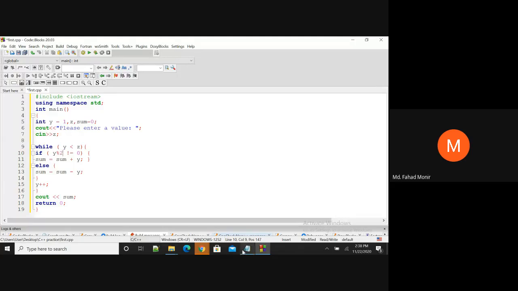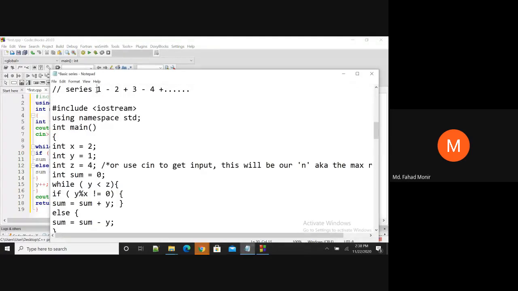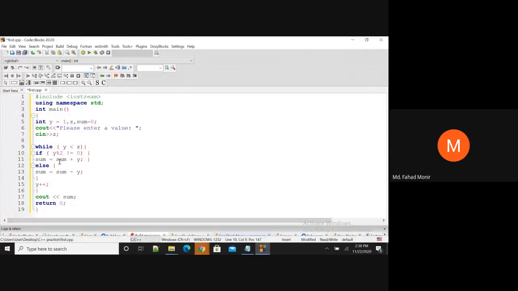So what we are doing is adding all the odd numbers, right? So sum equal to sum plus y, we are adding the odd numbers.